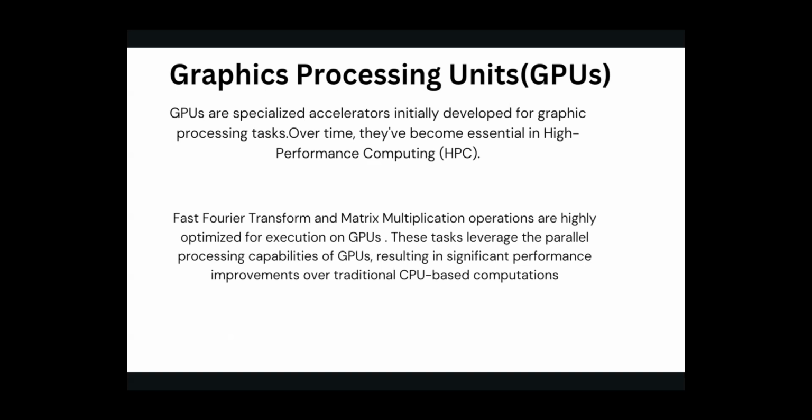The CPU still controls the workflow, but it delegates highly parallel tasks to the GPU. So GPUs are basically helping the CPU do the highly parallelized tasks, so that in combination they give you better performance.